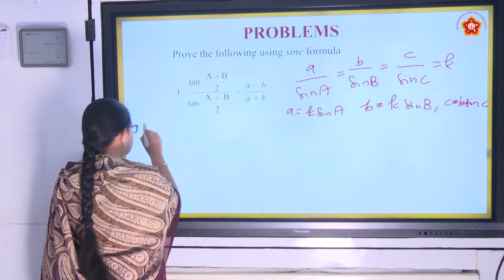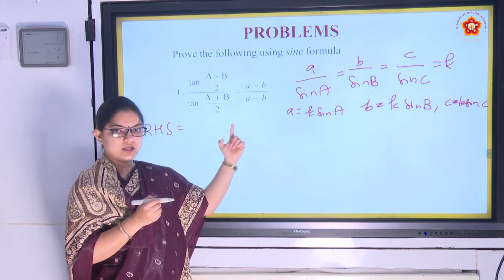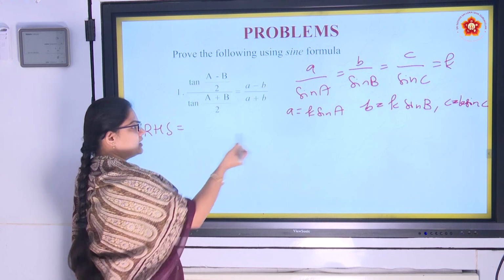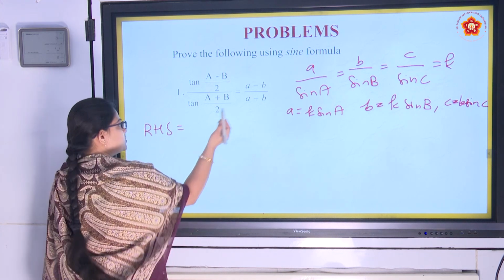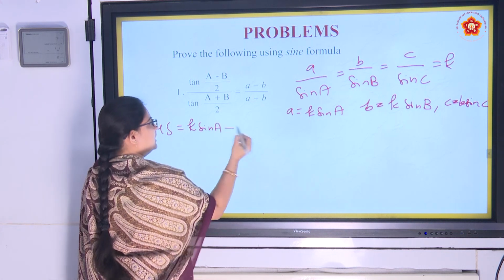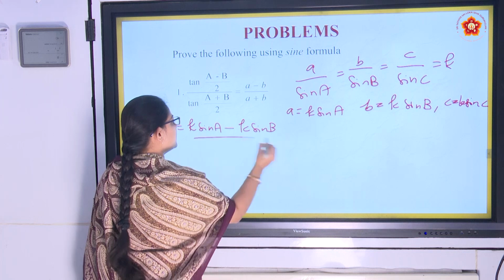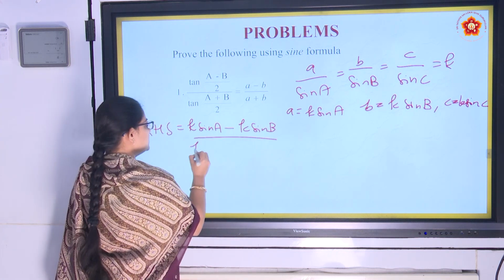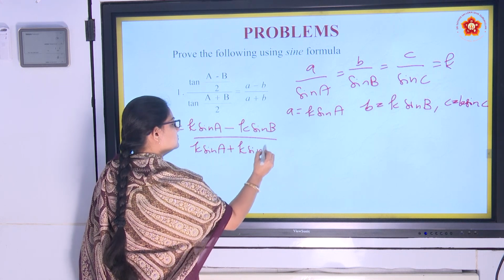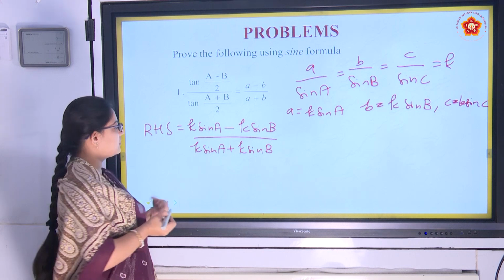So let us take the right hand side, a minus b by a plus b. Let us substitute a as k sin A and b as k sin B in the right hand side. So what is this? k sin A minus k sin B divided by k sin A plus k sin B. Now k is common, we can take it out.